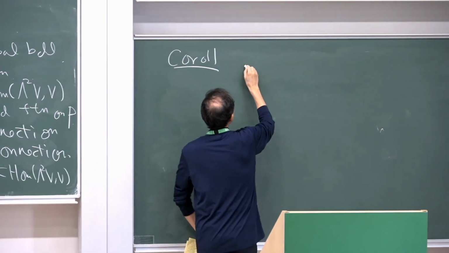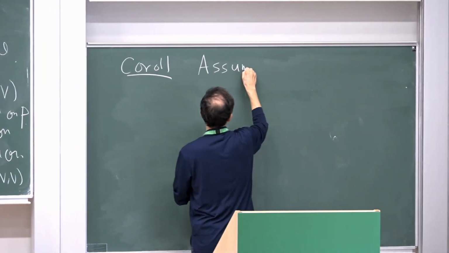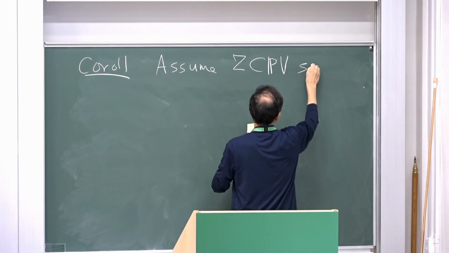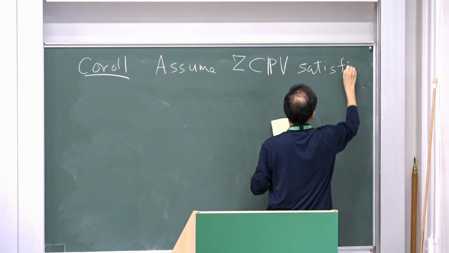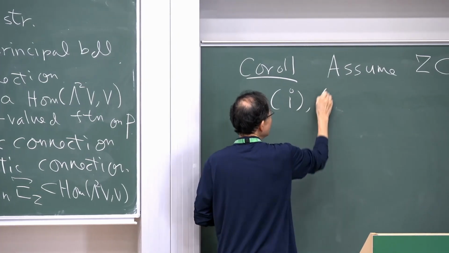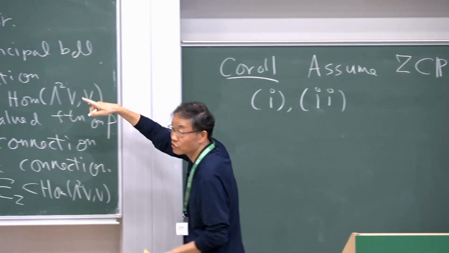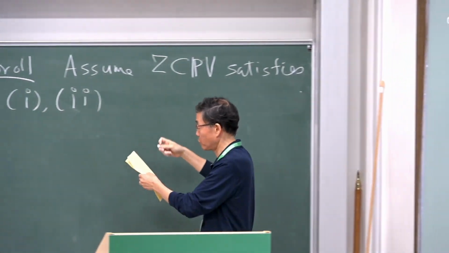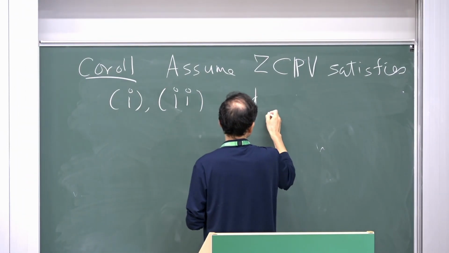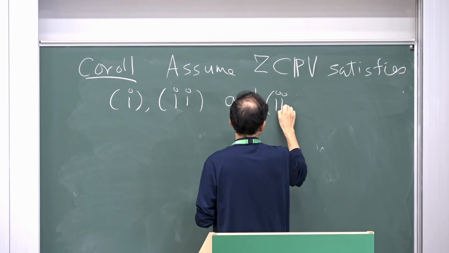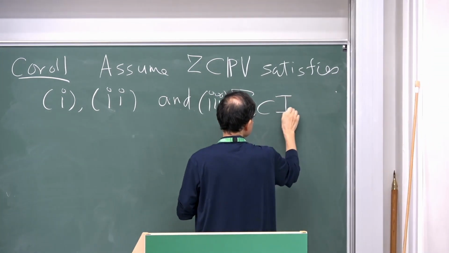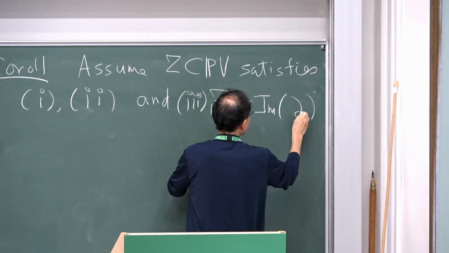So assume Z is a projective manifold. Now assume that it satisfies 1, 2 in the proposition, with linear normality and projective normality, and additionally 3. 3 is that chi Z is inside the image of the Spencer operator.